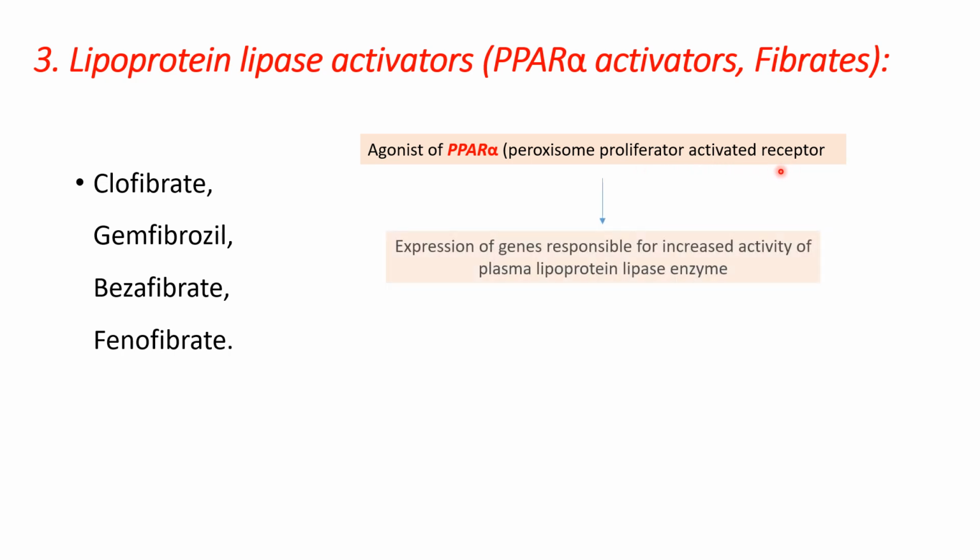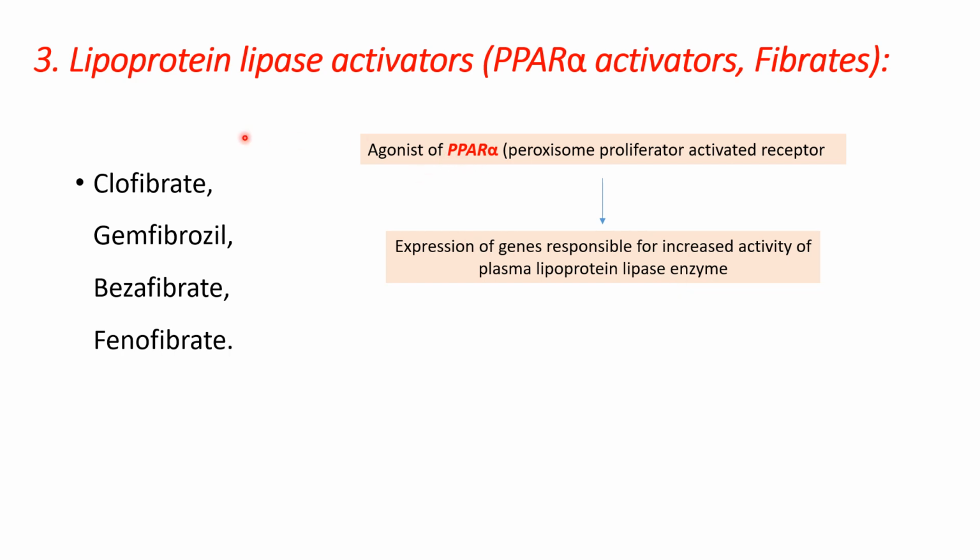So what happens? This receptor is required for the expression of genes responsible for increased activity of the plasma lipoprotein lipase enzyme. So in order to have an increased activity of lipoprotein lipase enzyme, we require the activation of this receptor.